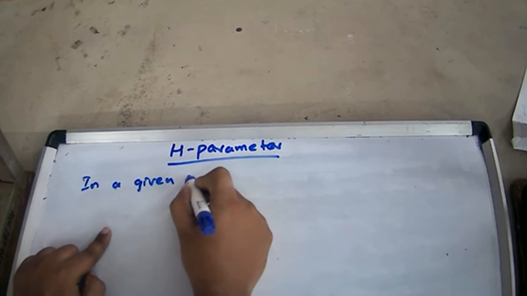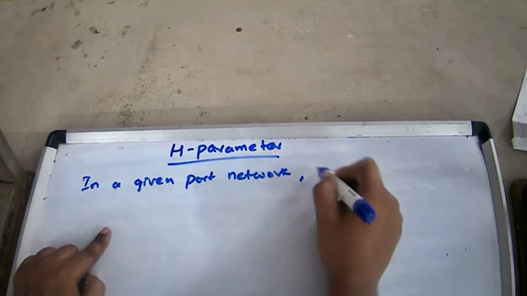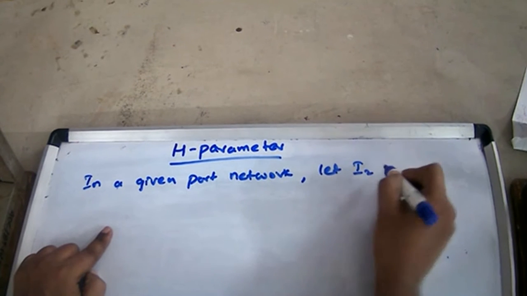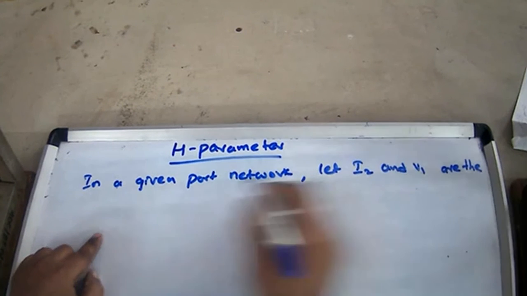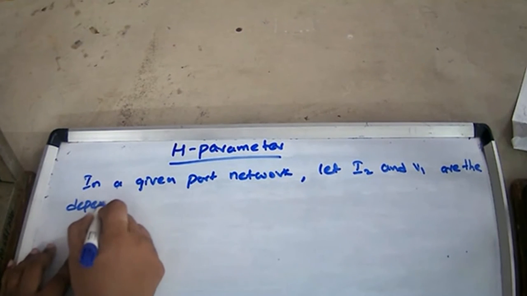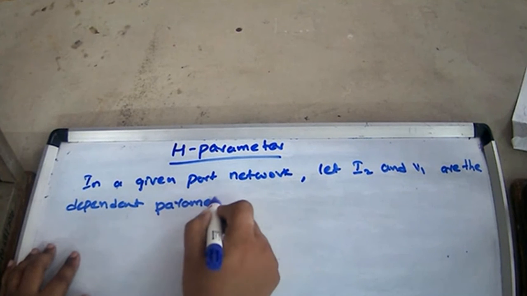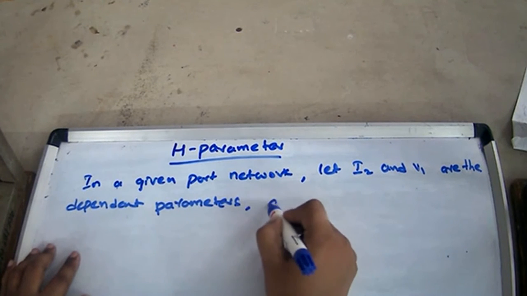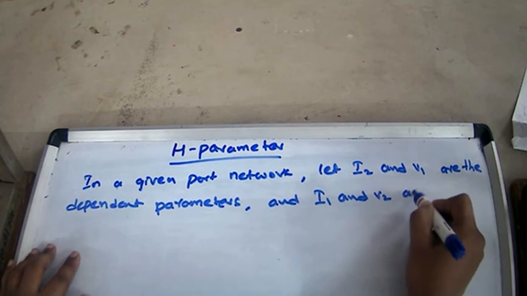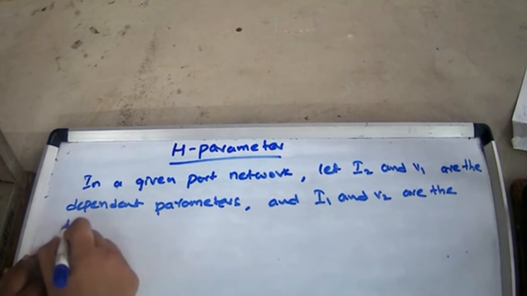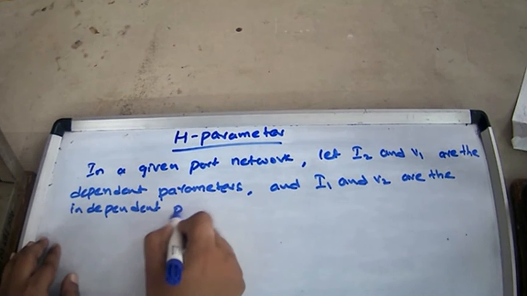So in a given two port network, let I2 and V1 be the dependent parameters and I1 and V2 be the independent parameters.